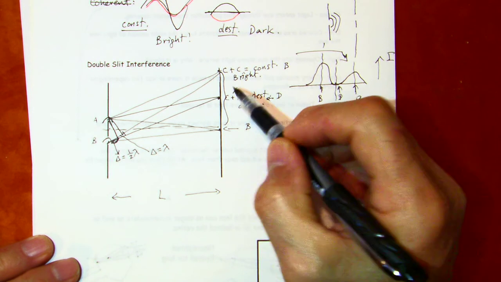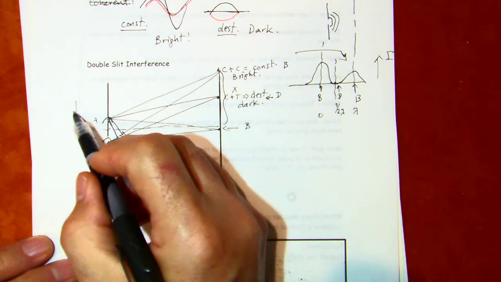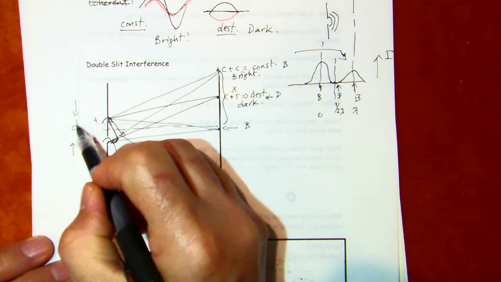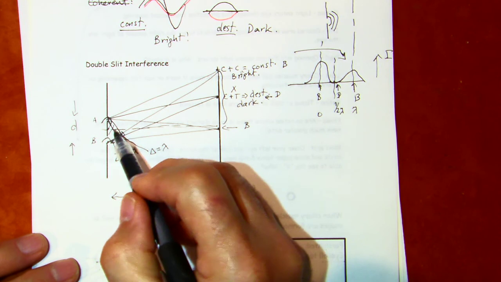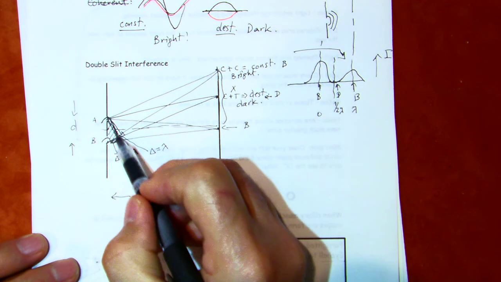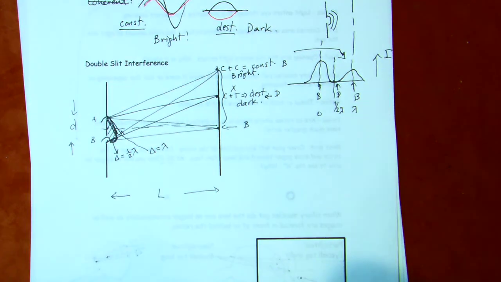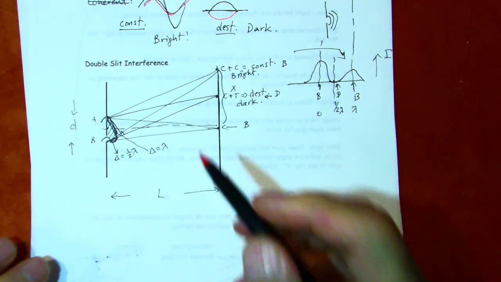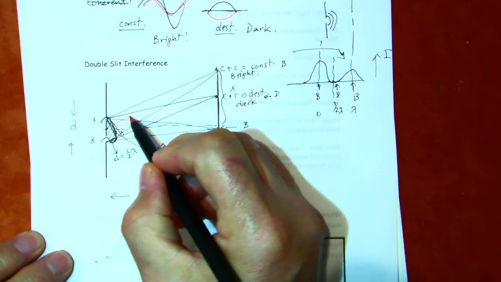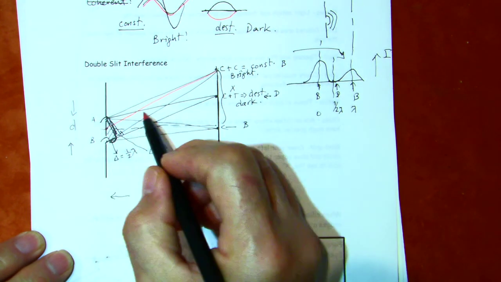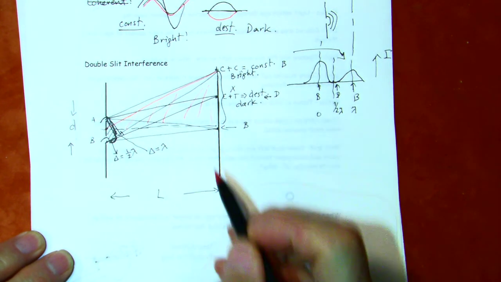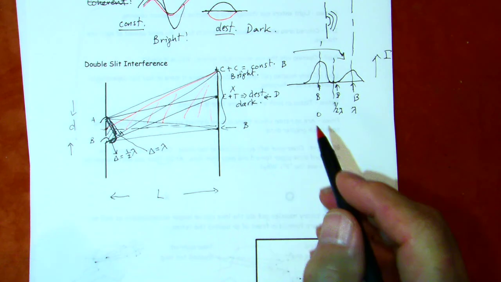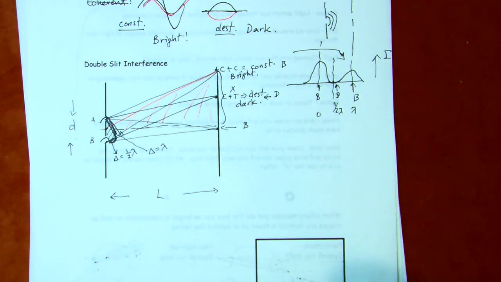We'll call this distance x. The distance between these two slits is d. There is one triangle in here, this little guy where we calculated the path difference. And then there is this bigger triangle from the center back to here. I know this is getting kind of messy, and I wouldn't worry too much about the derivation.